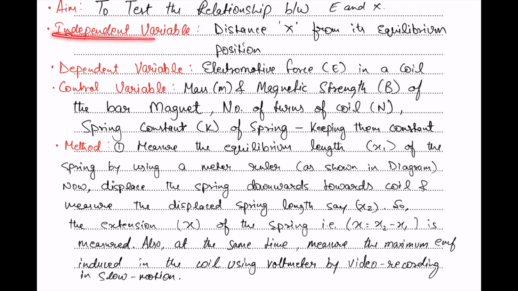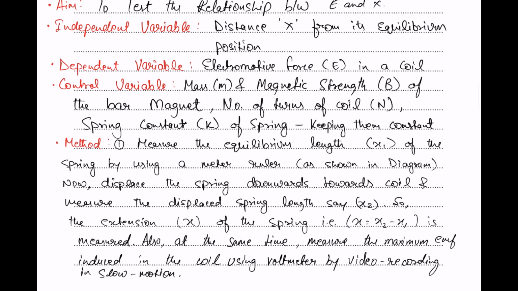Whichever quantity you are changing is your independent variable. And the effect on that is your dependent variable. In our case, the electromotive force, that is the EMF in the coil, is the dependent variable. So if you change the x, the value of E will also change.